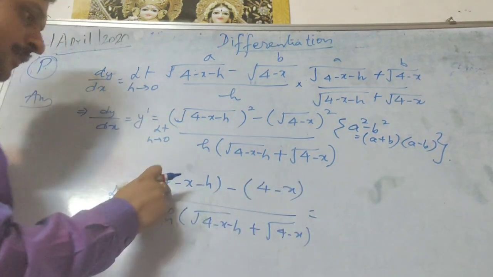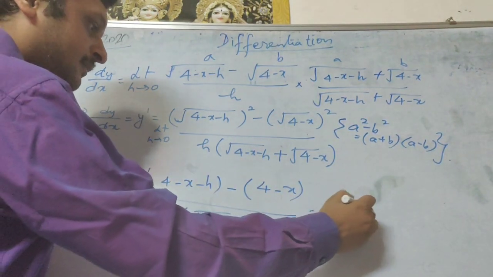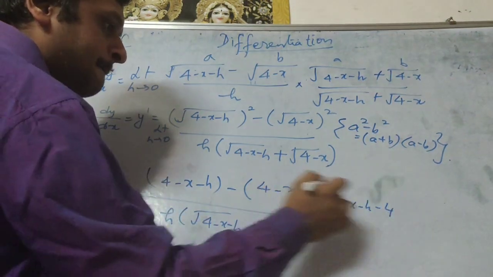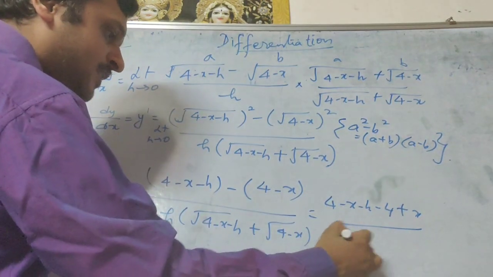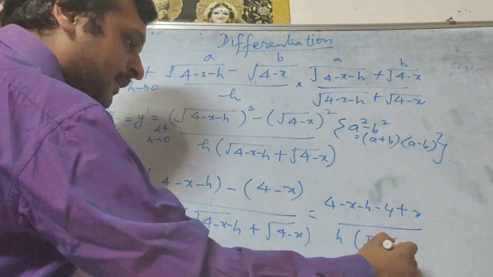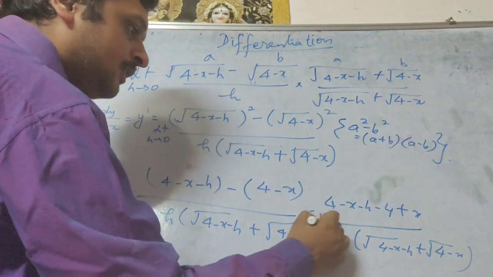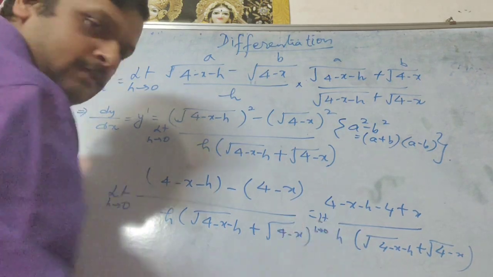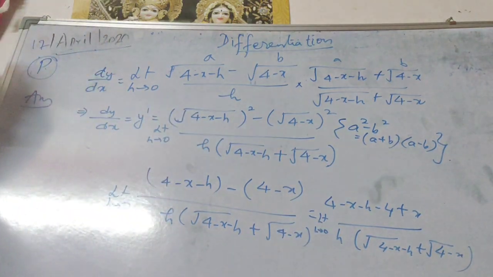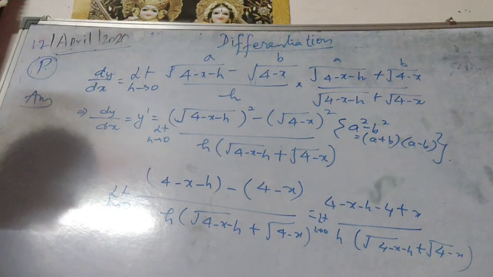Then this simplification will be 4 minus x minus h minus 4 plus x by h into root of 4 minus x minus h plus root of 4 minus x, of course limit h tends to 0. Make a note of it, students.